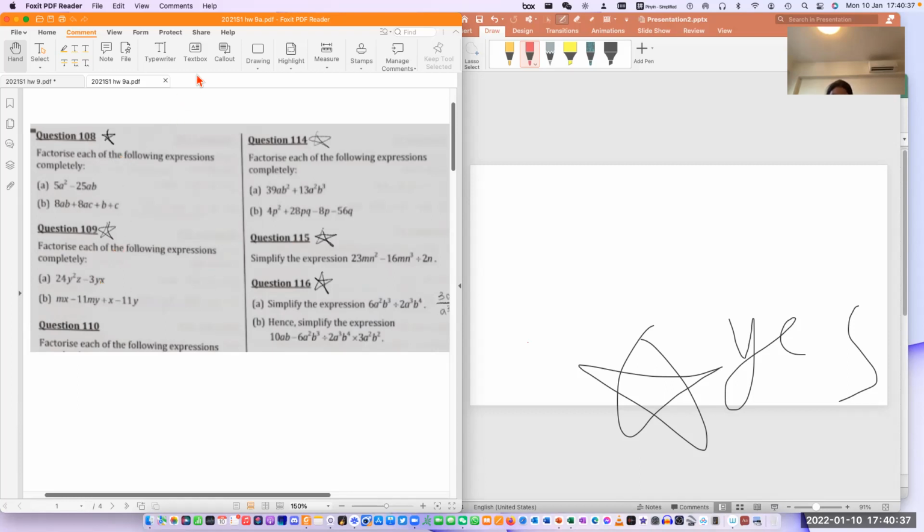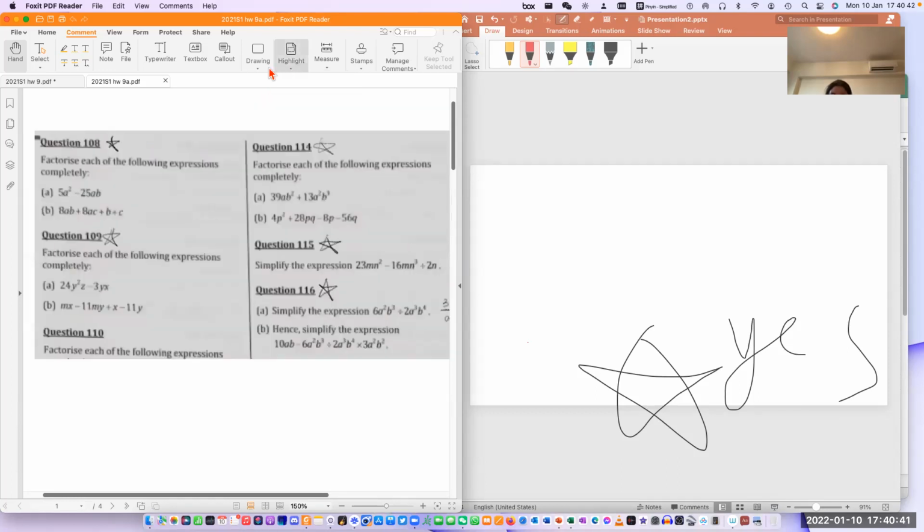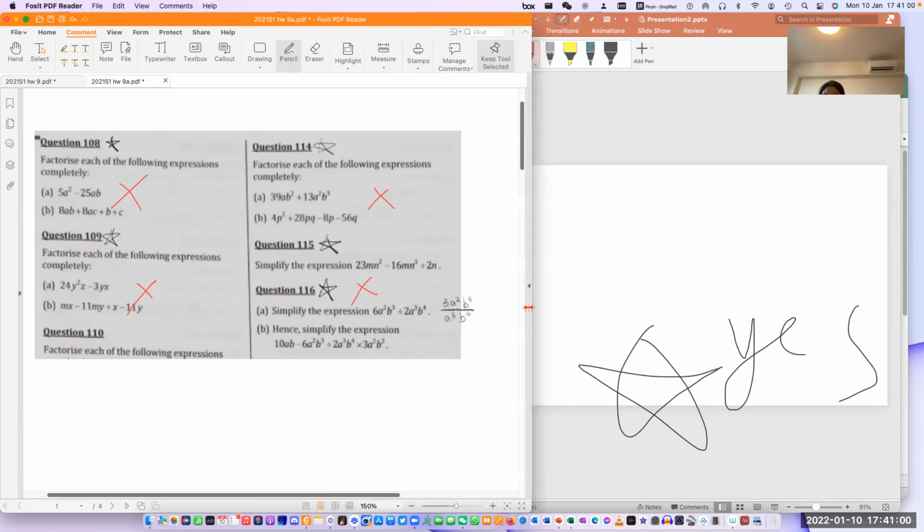Okay, let's not talk about the factorize questions first. We will talk about it today, but we have not talked about this yet. All these are factorized, so you can't do them. But this one looks like simplification. This one I think you can do. That's why you have an answer.